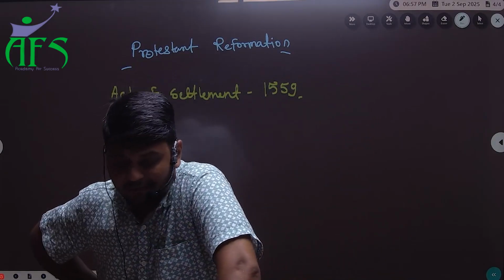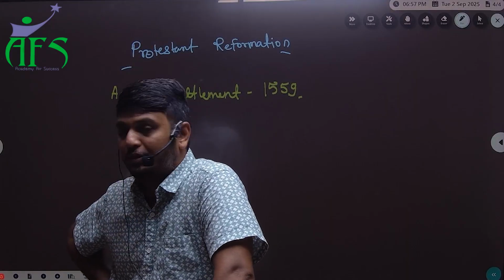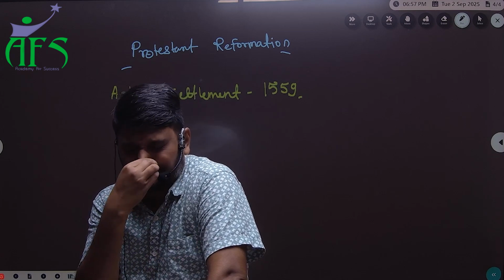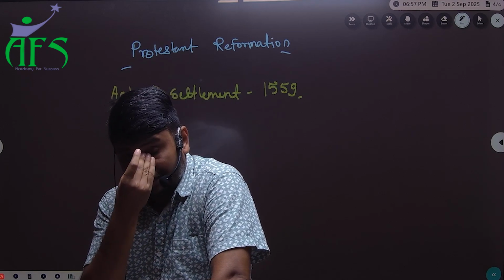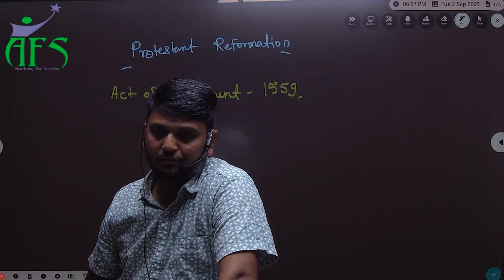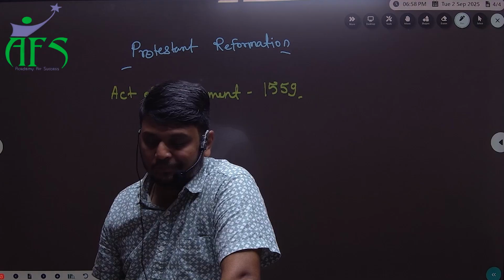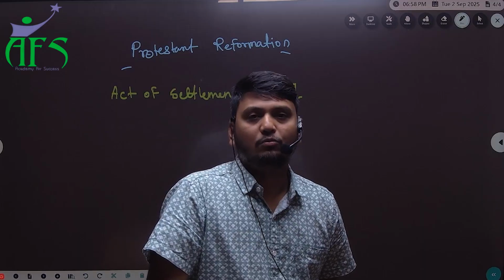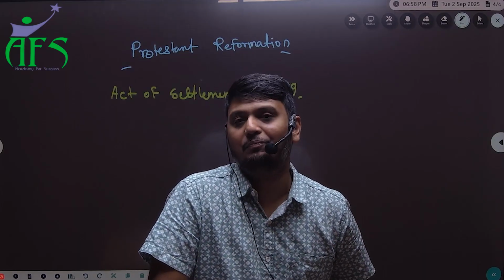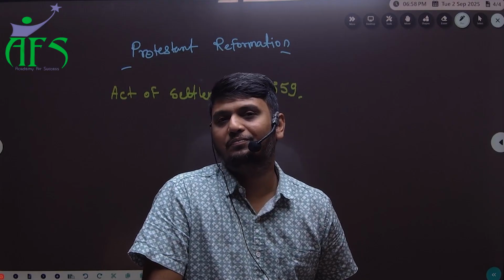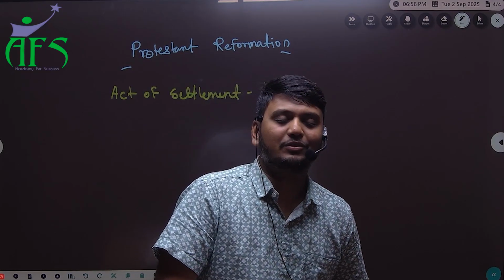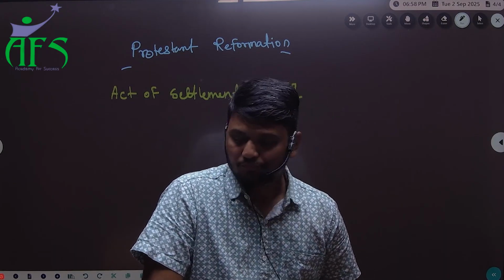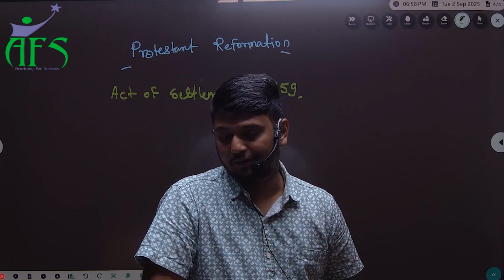The next person we have is William Tyndale, who is also an important person associated with the translation of the Bible and the development of the Protestant Reformation. He was burned to death in 1535. Okay, people were so cruel. They did not even spare Jesus, so what is there to say about these people. So this William Tyndale was the one person who was burned to death in 1535.